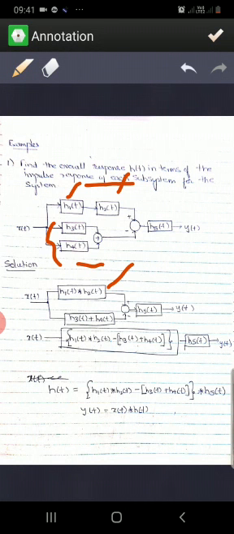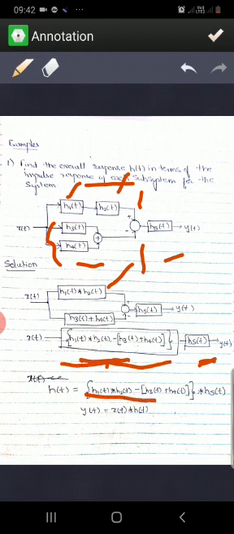These two are given to a summer with a plus and a minus, therefore h1 of t convolved with h2 of t minus h3 of t plus h4 of t. Then here h5 of t. These two again are connected in cascade, therefore this entire thing is convolved with h5 of t, and output y of t is nothing but x of t convolved with h of t, where h of t is this one.